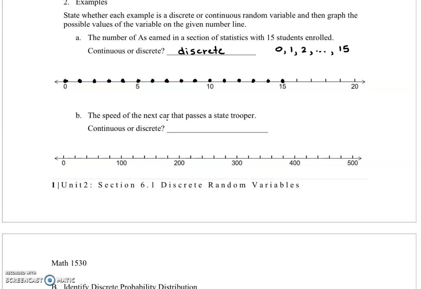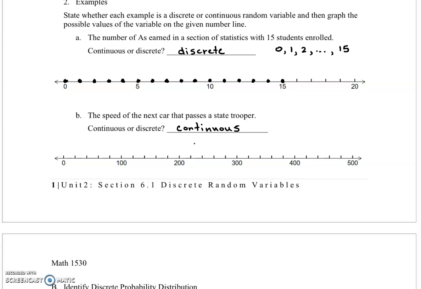Okay, our second example is the speed of the next car that passes a state trooper. Well, that's continuous, right? Because you could go 55 miles an hour, or you could be going 55.5 miles an hour. And we measure that with radar or with our speedometers.